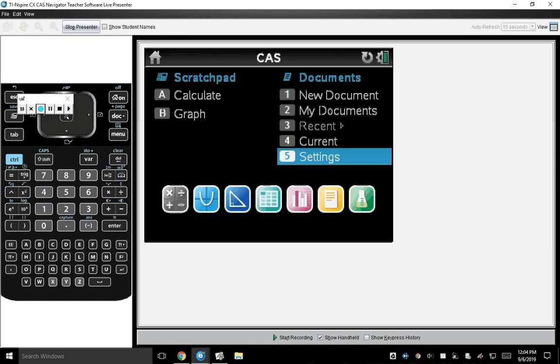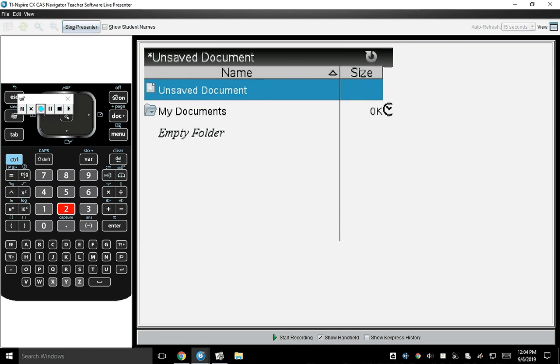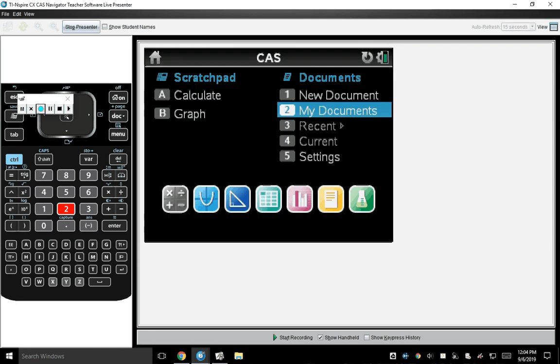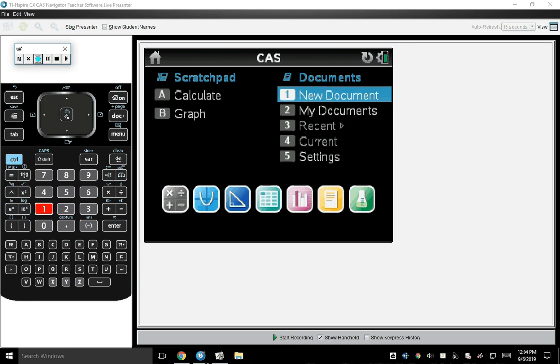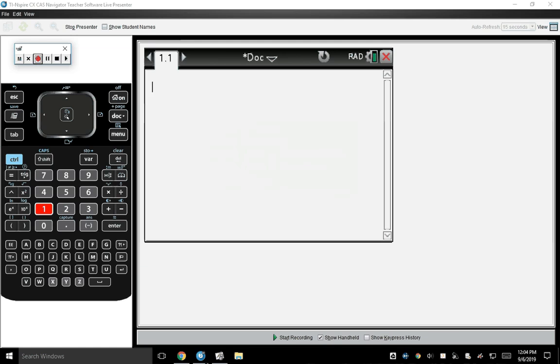So follow me real closely, please. First of all, home to menu C, just like always. From here, we are going to grab a new document. So press 1. And if you fall behind, just put your calculator down and watch, please. Then you can look at it later. Then press 1 again for adding a calculator page.